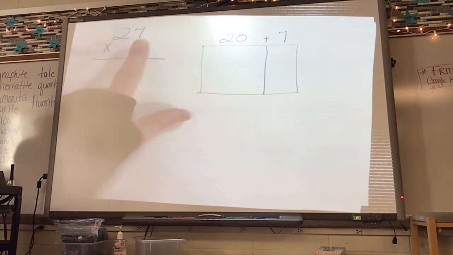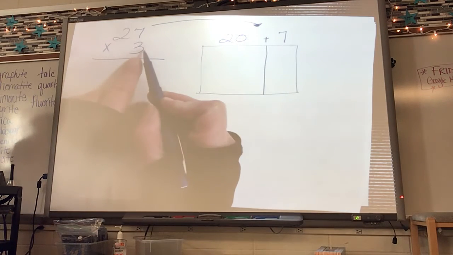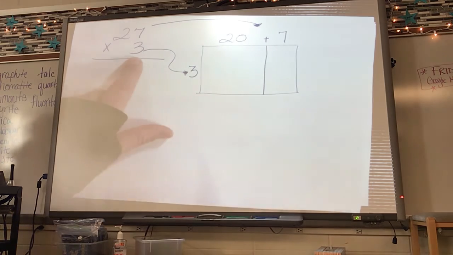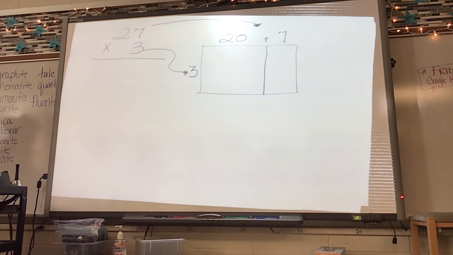So we took 27, we broke it up into 20 plus 7. Now we take this 3 and we put it here on the side. This, my friends, is called an area rectangle.